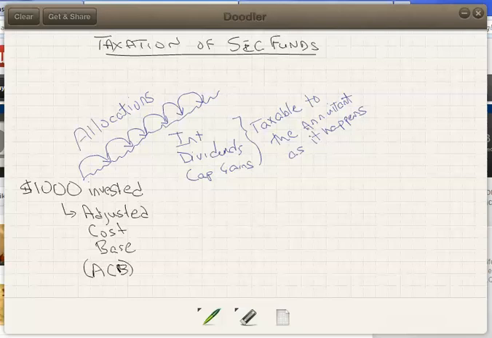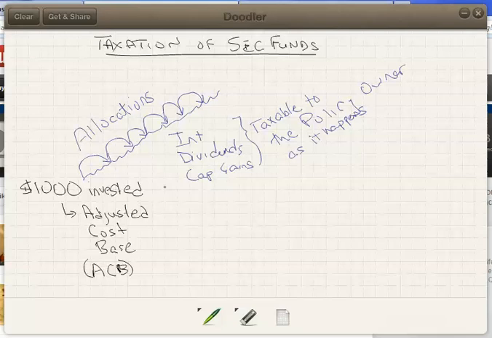Sorry, I misspoke here. I said tax the annuitant as it happens. That's not right. I should say here tax to the policy owner. As it happens, it's the policy owner who's going to deal with or enjoy the tax consequences of a segregated fund.